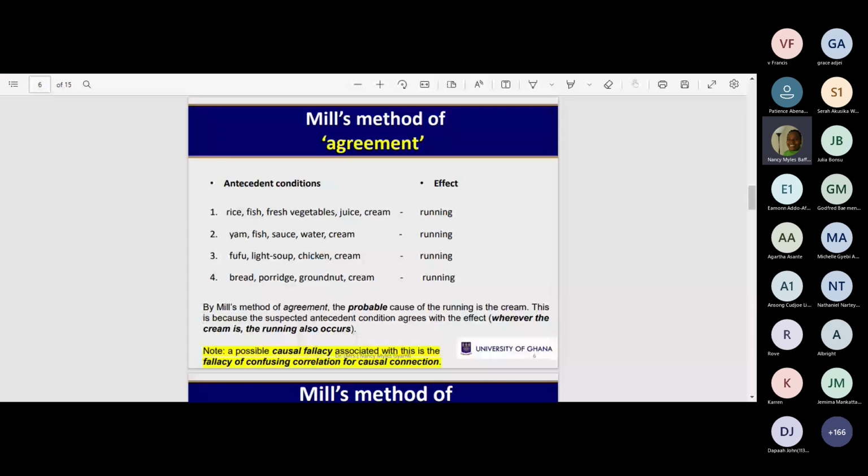We use the method. So one of them is agreement, that I believe you see. What is the method? Different combinations of meals, take note, but one particular thing running through. If you are a grandma at home or a mommy at home, why did people take different meals? Why are you all running like this?